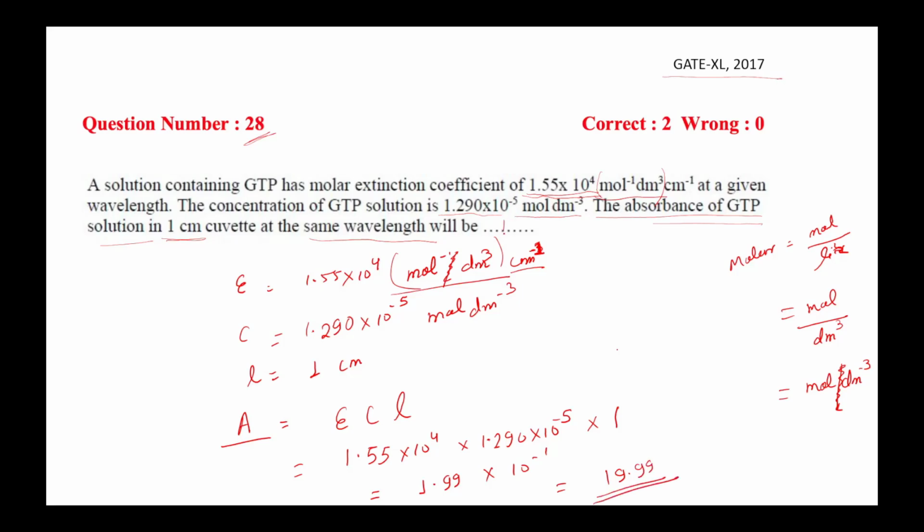The absorbance will be about 0.199, or we can also write 0.20. So this will be the absorbance of GTP in a 1 centimeter cuvette length.